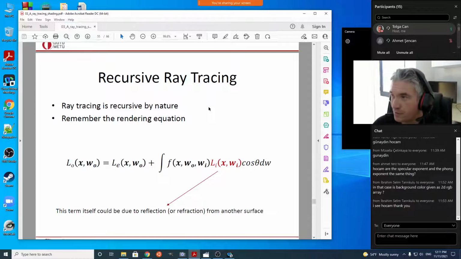But the first time I was implementing ray tracing was like 5-6 years ago. By the way, the first time I implemented ray tracing myself was when I was teaching this course, and it was super fun. And I think it was the first time in my programmer experience that I had to use mutual recursive functions, a recursion with two functions calling each other.